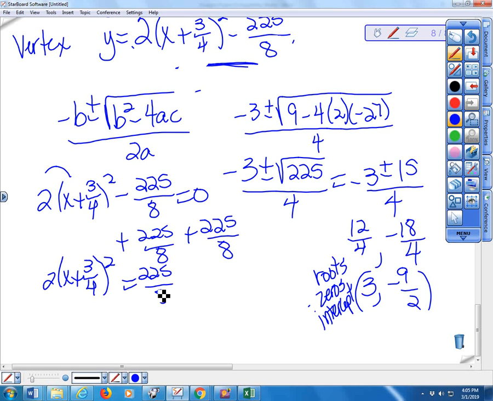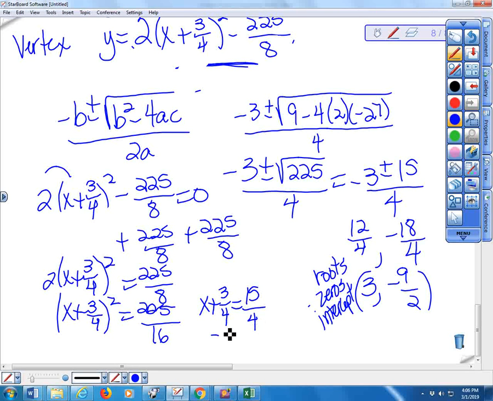Divide by 2. That becomes 225/16. Take the square root of both sides. 15/4. Subtract 3/4. And this is plus or minus.